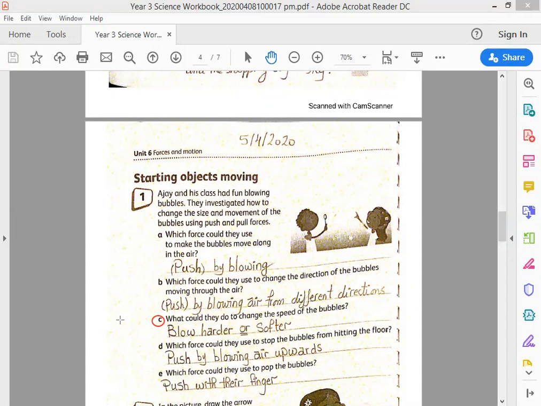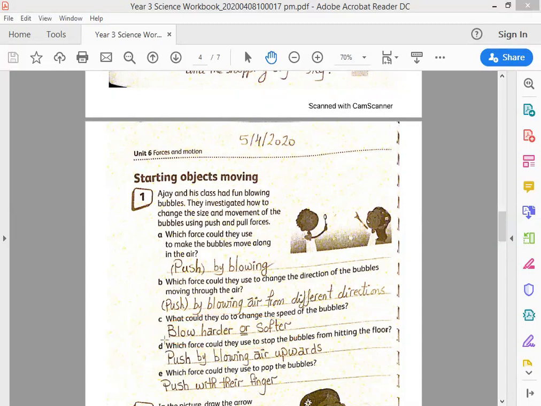But if you blow softer, they are going to push the bubble for a small distance and the speed will be decreased. If they want to move them very quickly, they are going to blow hard. If they want to move them very slowly, they are going to blow softly.